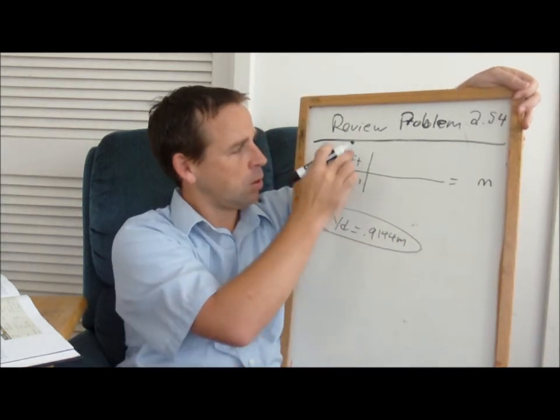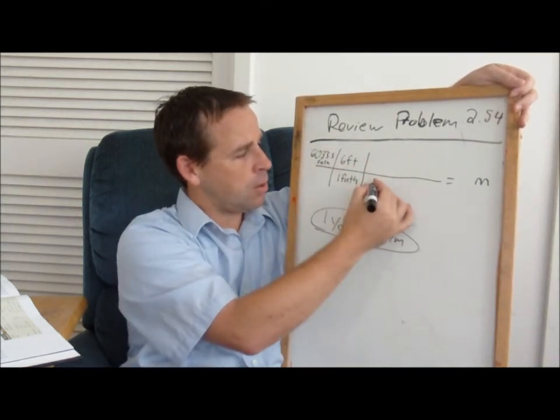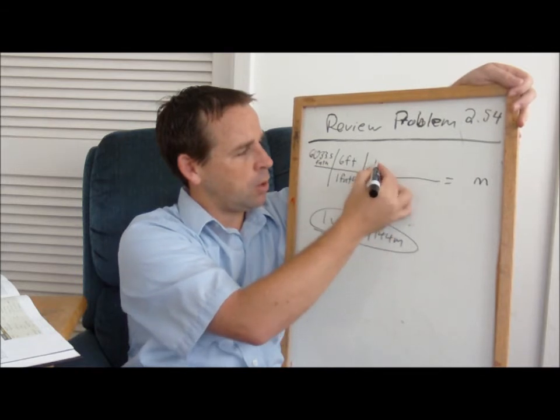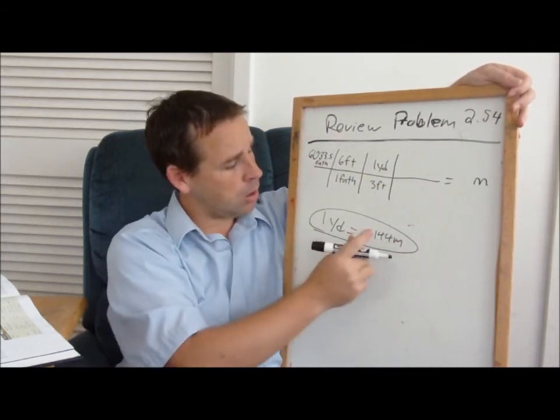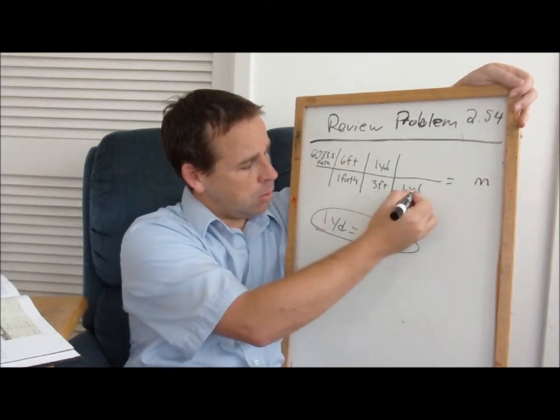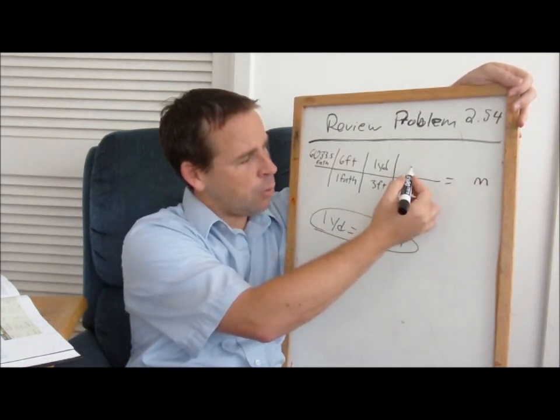Alright, so 6 feet, well, there's 3 feet in 1 yard. Right? And 1 yard is 0.9144 meters.